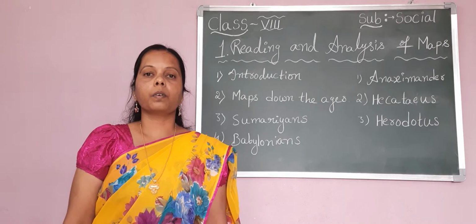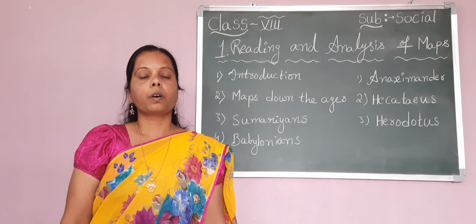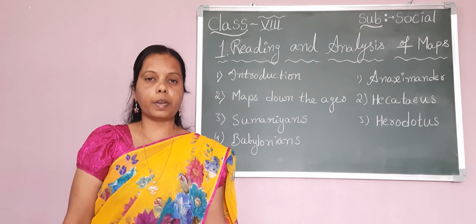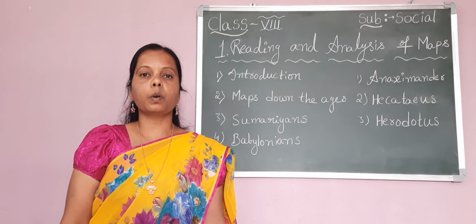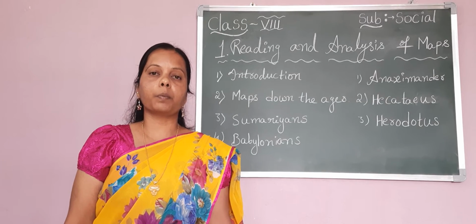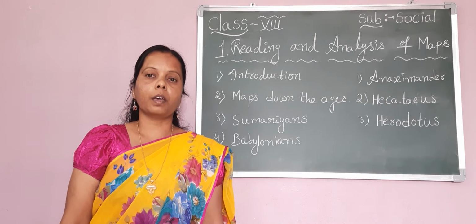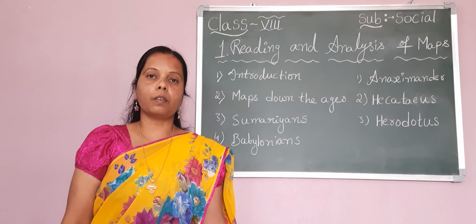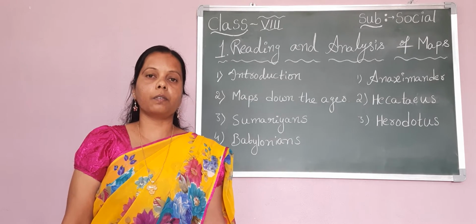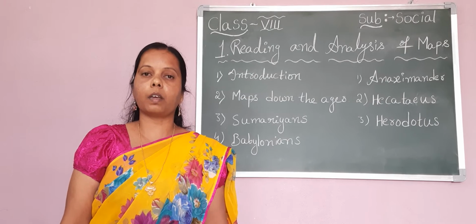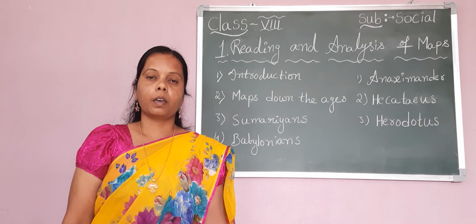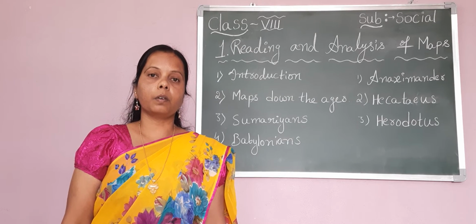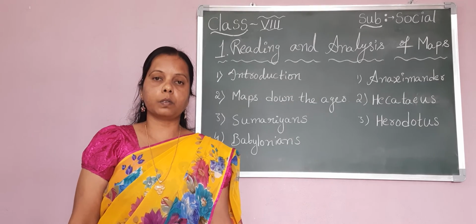Next, to know a place, how it is, whether it is cool or hot, the temperature, what languages the people speak there, where the people live, whether in mountain areas, plain areas or plateaus, what the atmosphere is there, and what kind of professions they have.